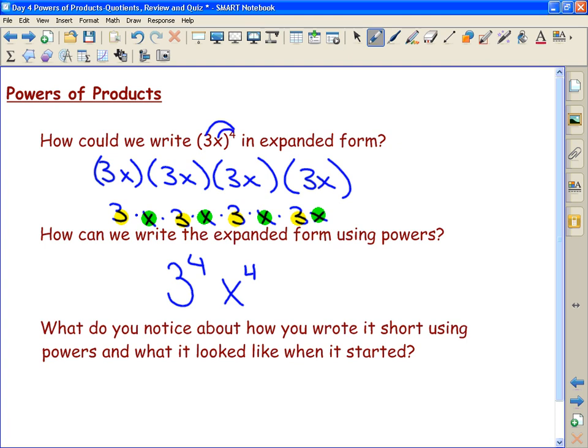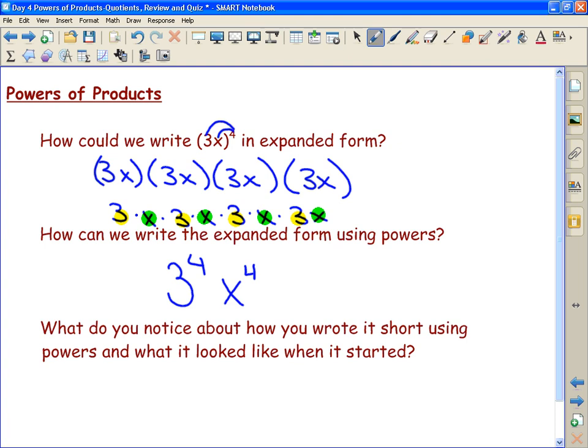Sometimes we call it distributing, if that was a multiplication problem. So I like to think of it as I'm going to distribute that exponent to everything inside the parentheses. And remember, if something already has an exponent inside of those parentheses, my multiplication rule still occurs.